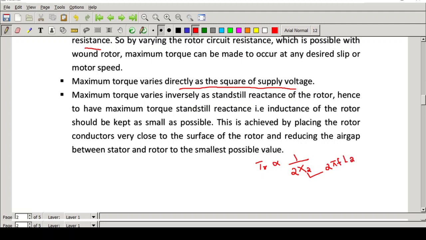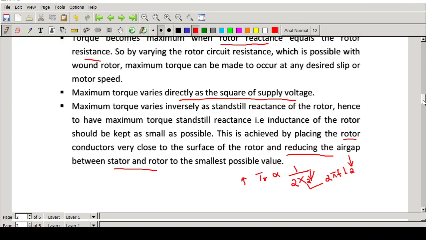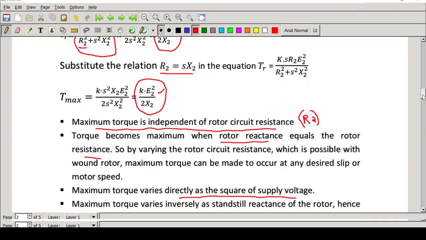So if we keep the inductance of the rotor winding to the minimum value, then the reactance will be minimum and the torque will be maximum. So how can you keep this inductance to a minimum value? That is by reducing the air gap between the stator and the rotor. For that, we will keep the rotor conductors very close to the surface of the rotor. Okay.